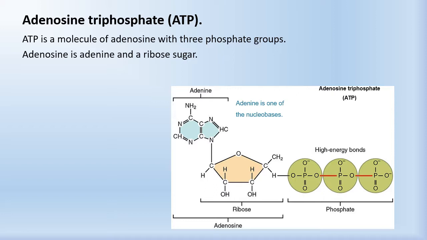Adenine is a nucleobase made from atoms of carbon, nitrogen, and hydrogen. The other part of adenosine is a pentose sugar, a 5-sided ribose sugar. Bound to adenosine is a sequence of 3 phosphate groups of phosphate and oxygen.